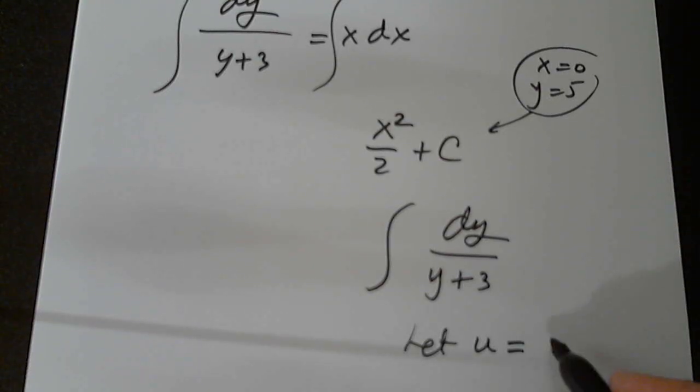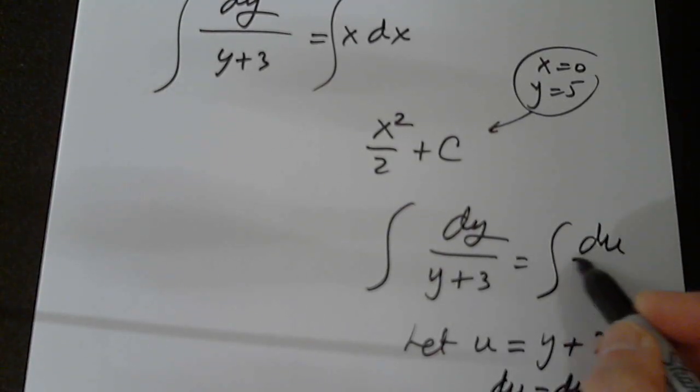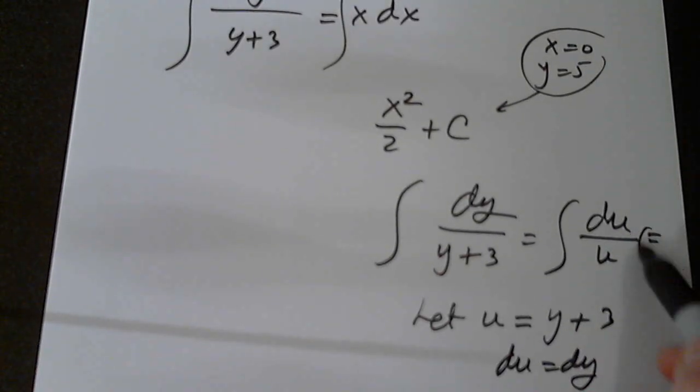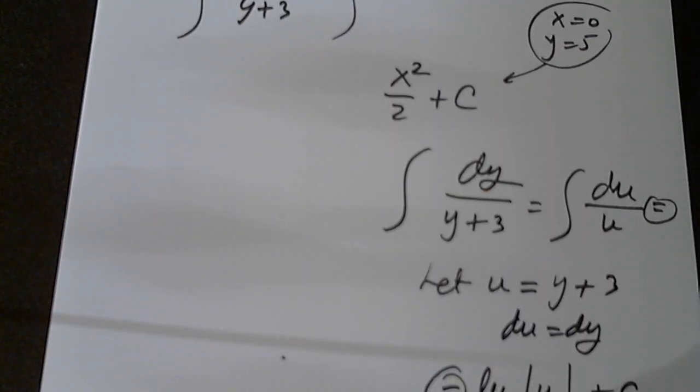Y plus 3. Of course. Luckily, du equals dy. So this is the integral of du over u, which I know is natural log of the absolute value of u plus a constant c. And then I have to go back and replace it.